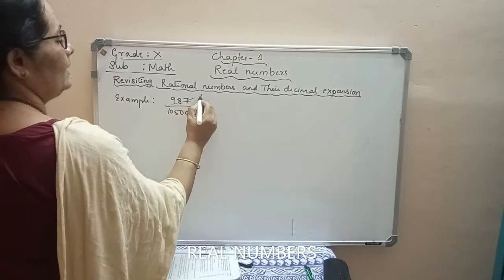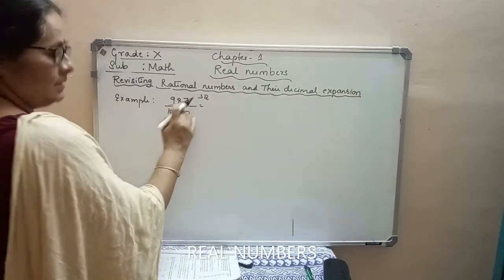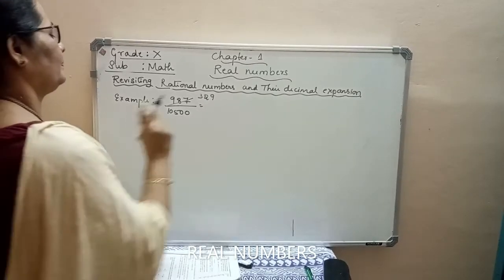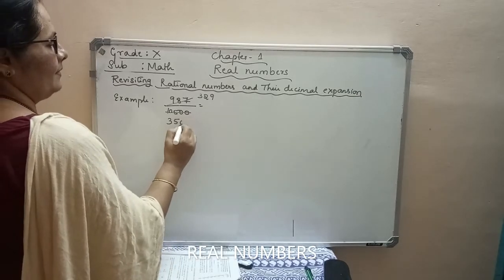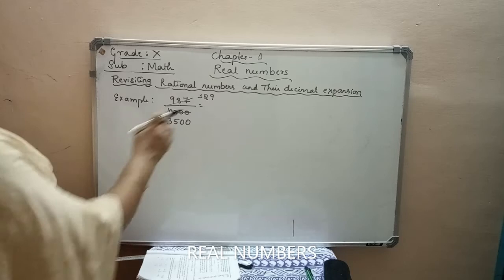So 3 3s are 9, 3 2s are 6, 3 9s are 27. Then 3 3s are 9, 3 5s are 15. So 329 by 3,500. Again it is divisible.